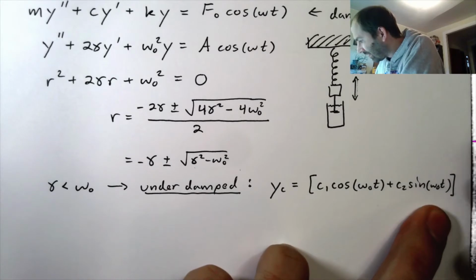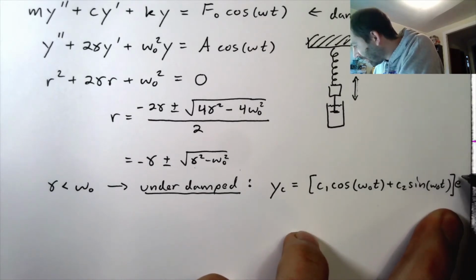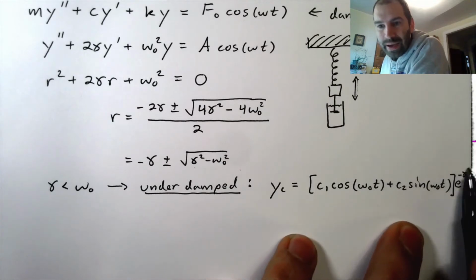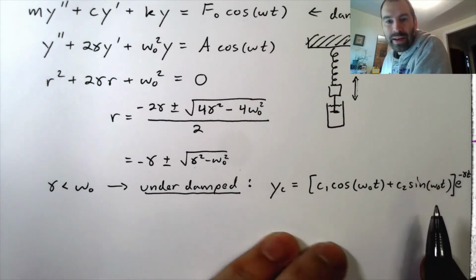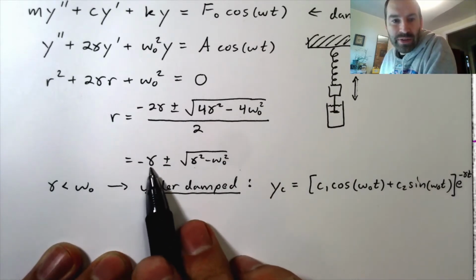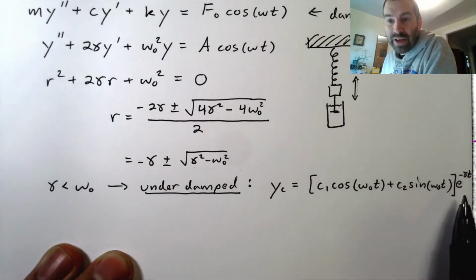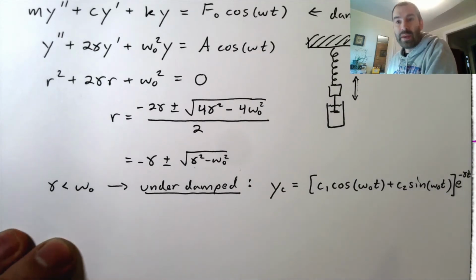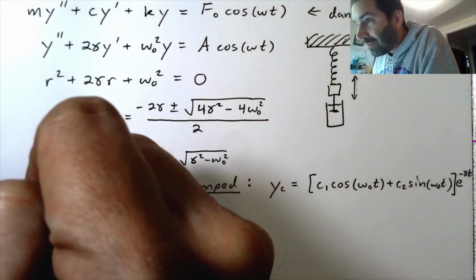And I didn't quite leave myself room here. e to the minus gamma t needs to be included as well. The reason that needs to be included is because we have this real piece over here. And you know when you get a real part, that comes out as a factor of e to the minus gamma t, right?